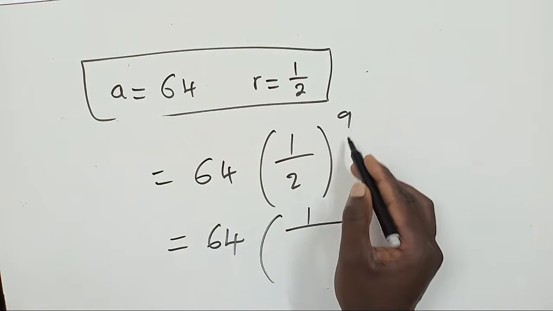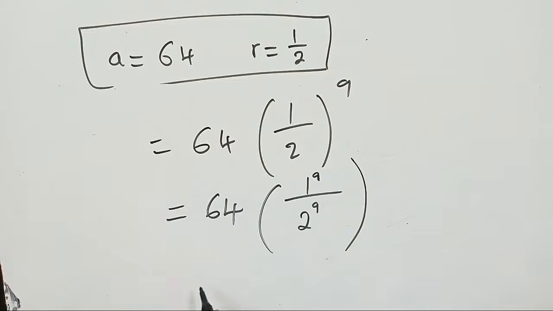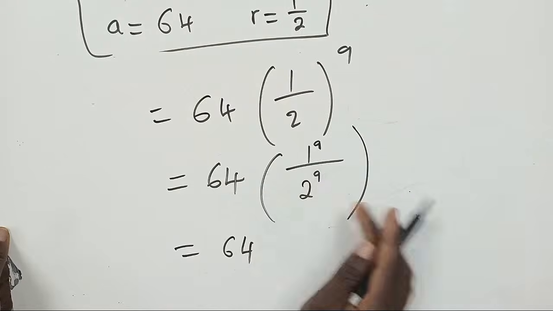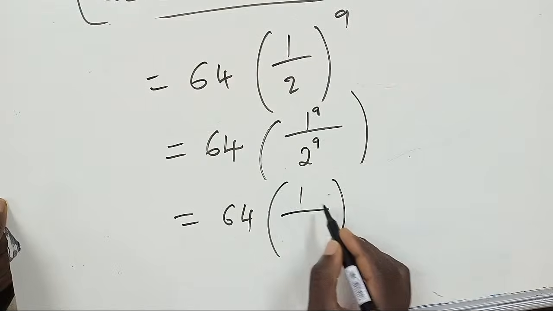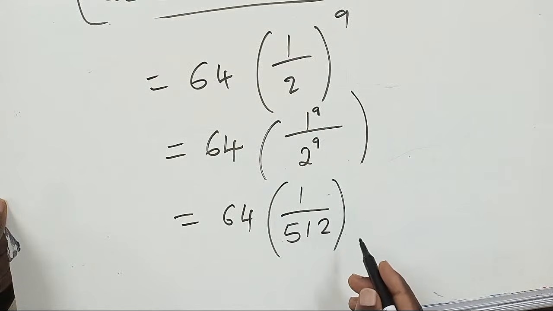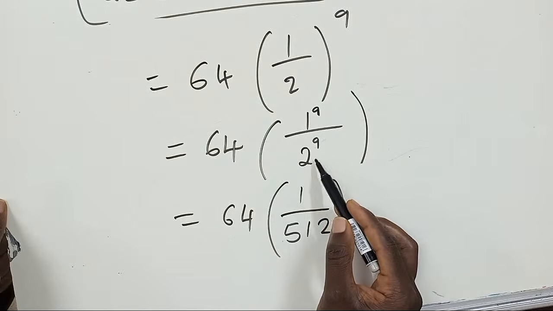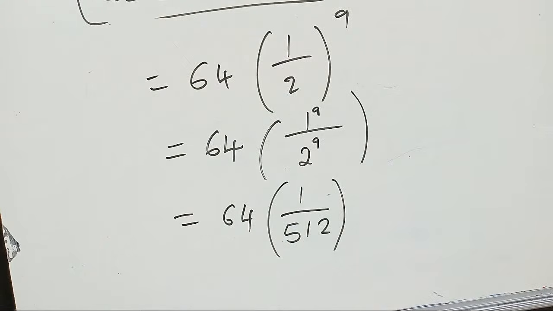Because of the brackets, the power will be applied to 1 and to 2. 1 power 9 will just give you a 1, and 2 power 9 will give you 512. You let 2 multiply by itself 9 times, and it will give you 512. So that's how I came up with that 512.